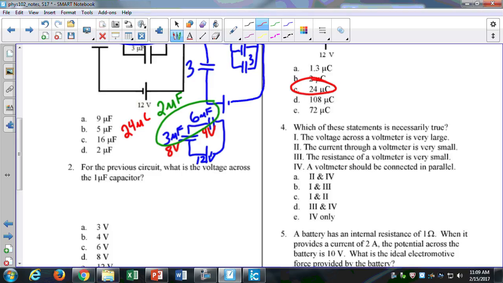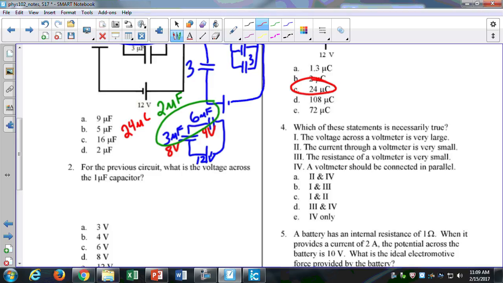Let me step back through that in case you missed it. If I can't just look at this and say it's 8 and 4 volts, which hopefully by the time we're done with the resistors, you'll sort of have that ability. But if you can't just look at it, then you find the equivalent, which is 1 over 3 plus 1 over 6, which is 2. And the charge on the equivalent capacitance is 2 times 12, which is 24.